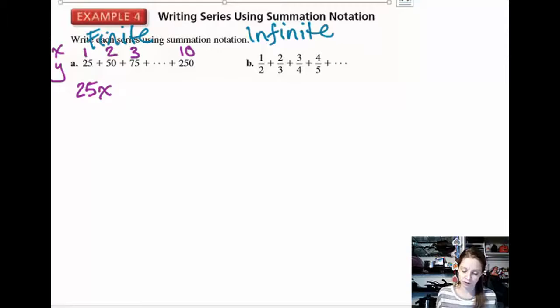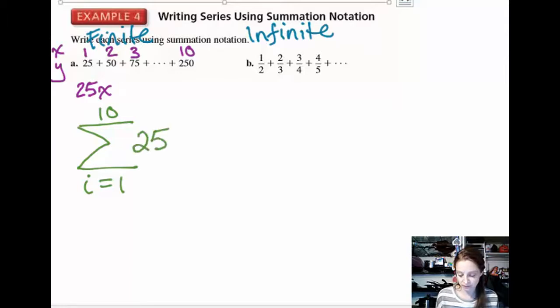Alright, now summation notation. I write the sigma symbol. I'm going to go from an I of 1. And I start at the first term. And I go to the 10th term. And then my rule is in terms of I. So this is 25I.